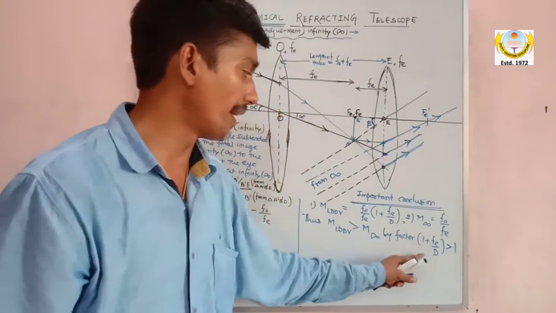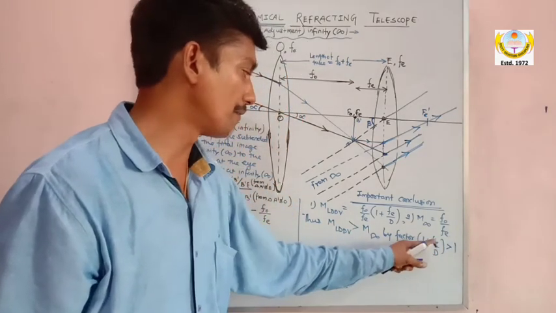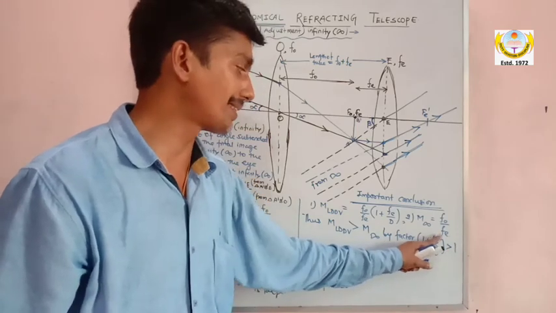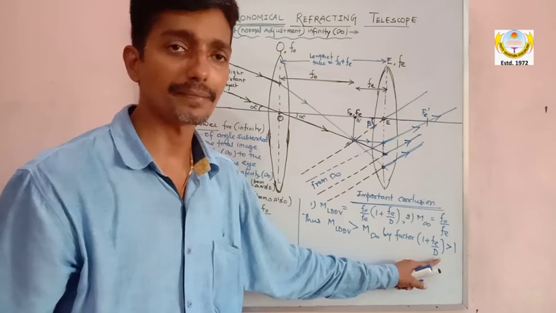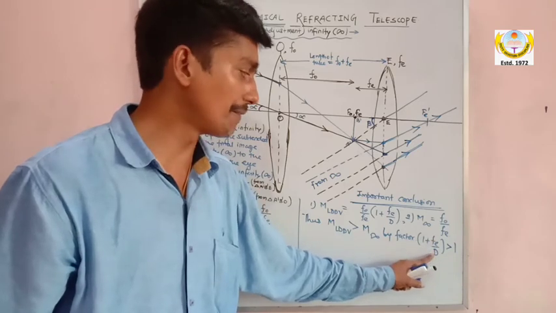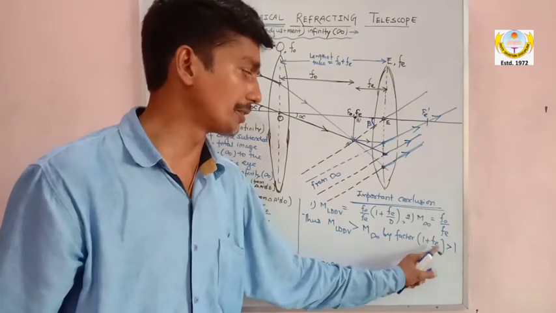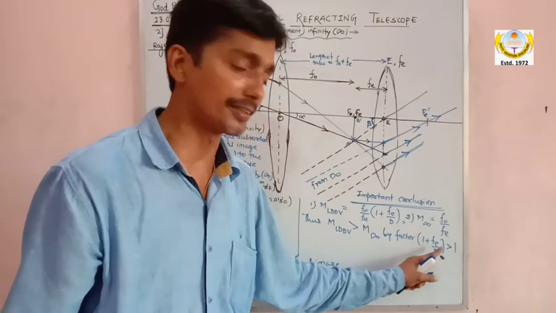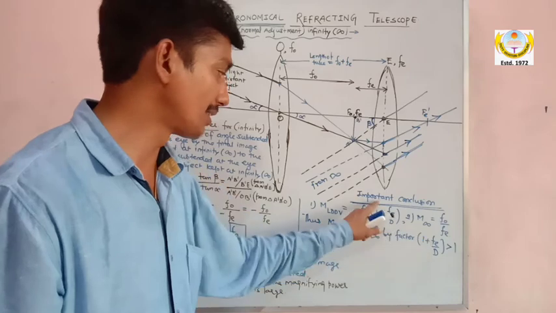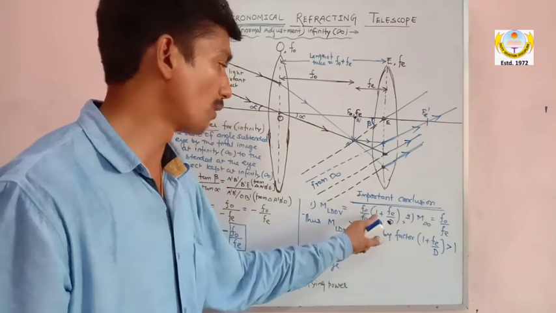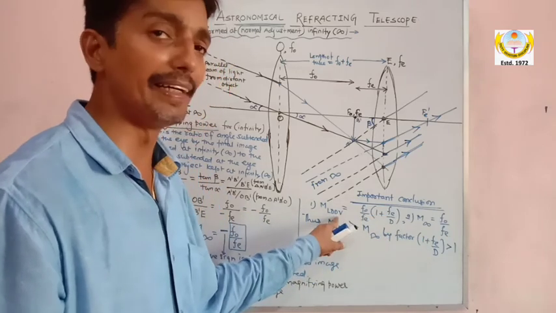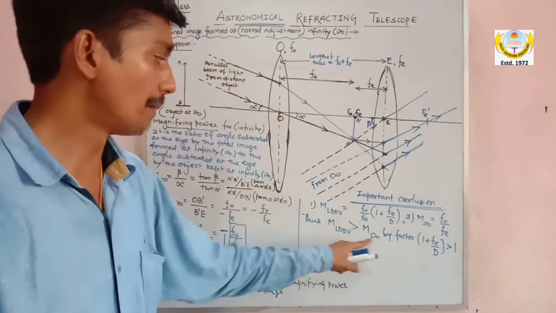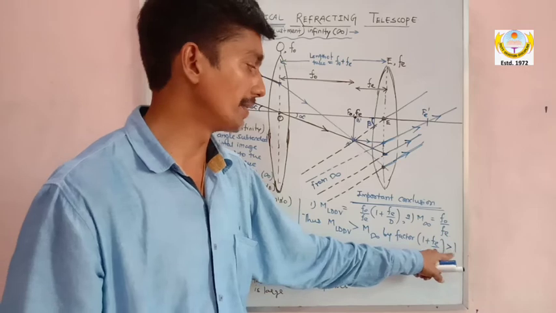So this factor, 1 plus FE by D, is always greater than 1, and hence M at LDDB will be greater than M at infinity by a factor of 1 plus FE by D.